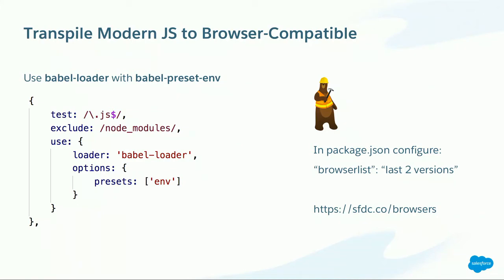For this, you use Babel loader. You take the JavaScript file and transpile it using Babel loader based on your environment setting. Your environment setting, though, should be last 2 versions in browserslist. So all modern versions of Chrome, Firefox, Safari should be supported. You could also add Internet Explorer 11.